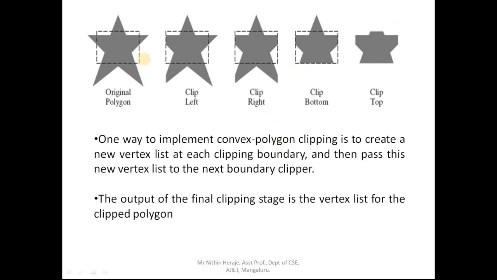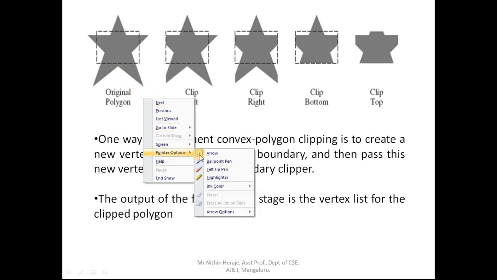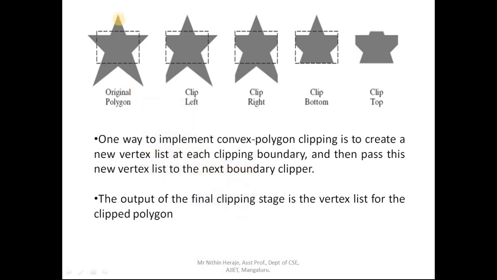And next, coming towards this figure, you can just look at this. This is the original polygon, and these dotted lines, you can see a rectangle box, which we call the clipping window.